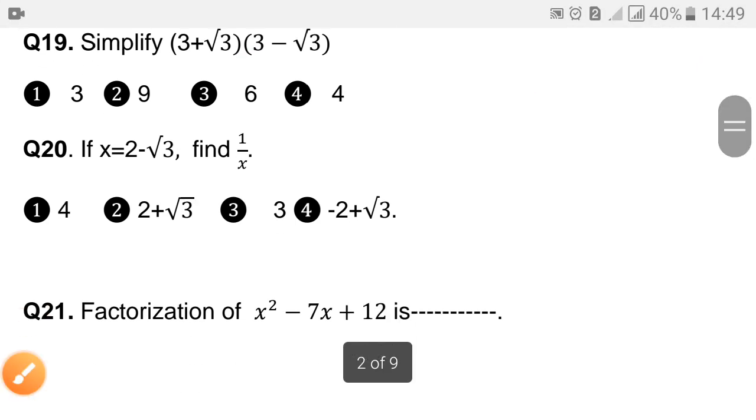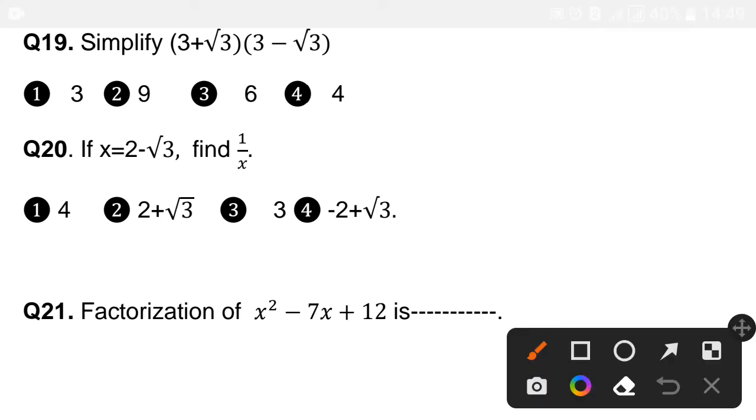And question number 20, we are given that x is equal to 2 minus square root 3. Find 1 over x. This is also the most repeatedly asked question in competitive examinations, and it's a little bit tricky, and most students get this question wrong in their examination. In order to find it, we have to take the conjugate of the number. We are given x is equal to 2 minus square root 3.